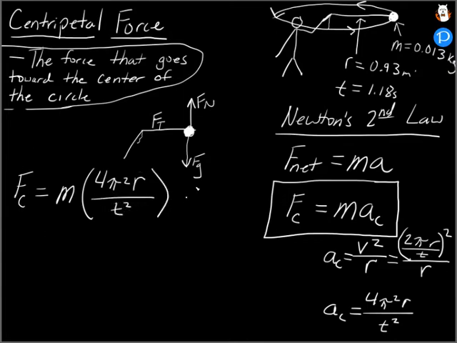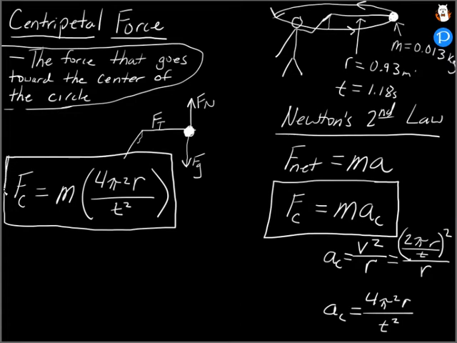And there's my equation, especially if I don't know the velocity right off the bat. If I don't know the velocity, I can just substitute this in for velocity to get my acceleration. Here's another equation you may want to put in your toolbox: mass times our acceleration to give us the centripetal force.